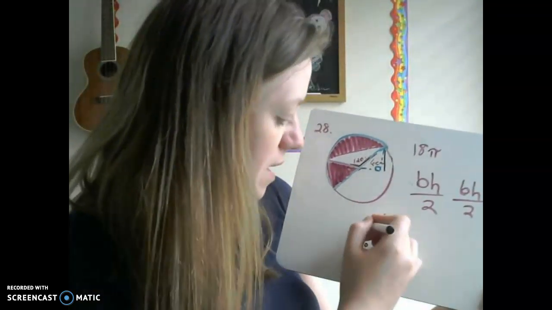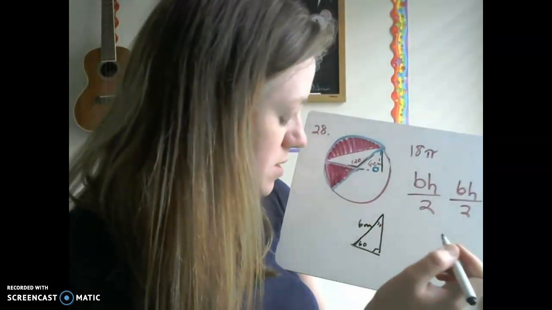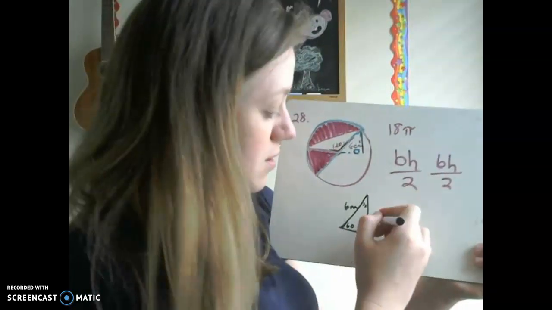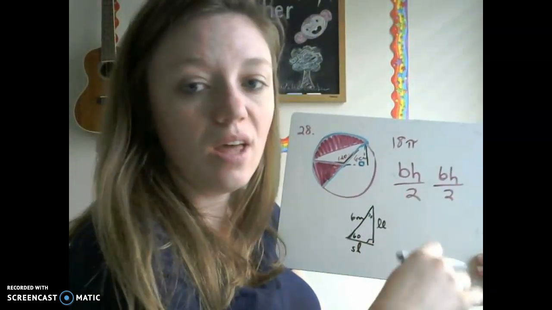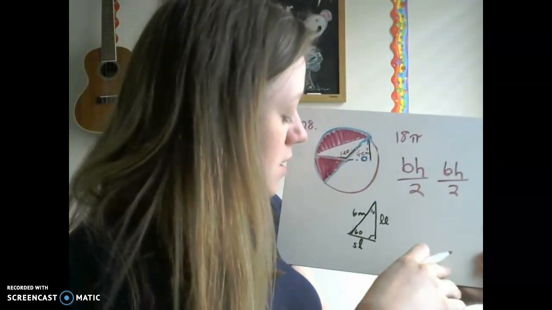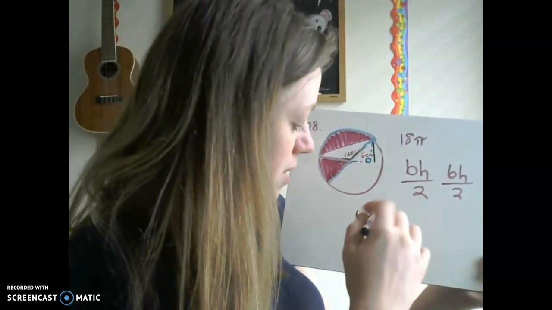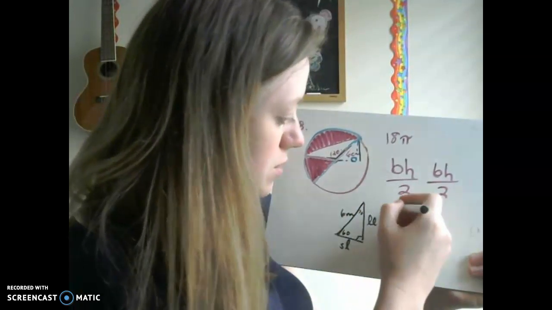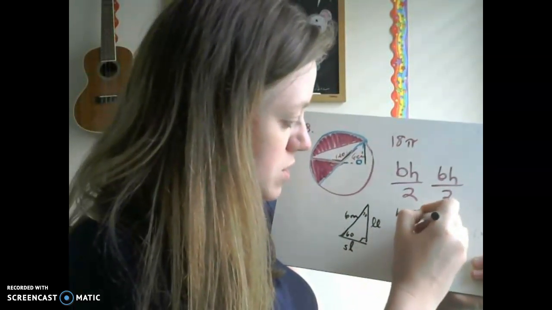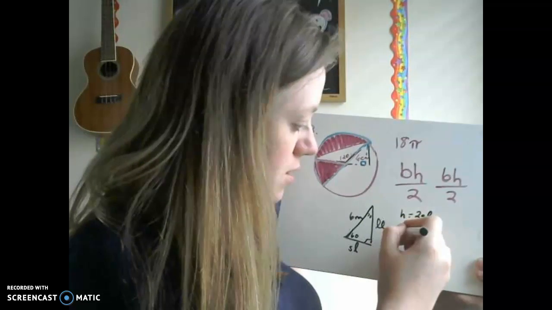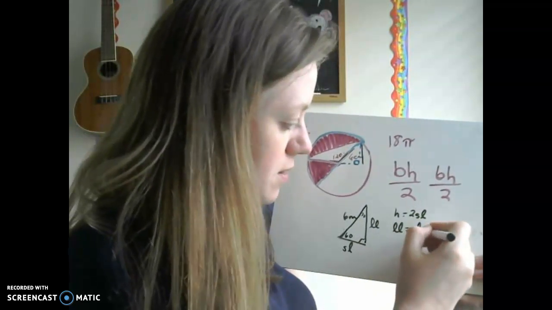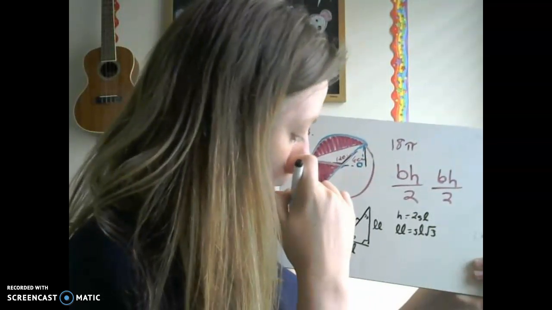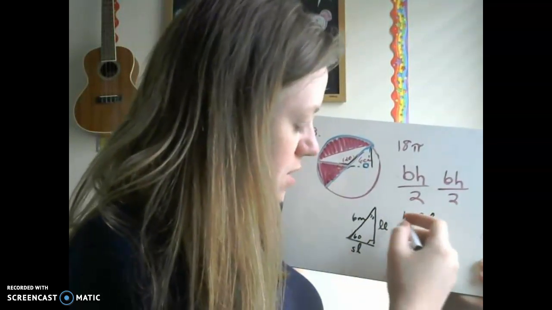Now we know that the hypotenuse is 6 centimeters, and we need to know the length of the long leg. We have short leg and long leg. Okay, if you remember the formula, we have the hypotenuse equals 2 times the short leg, and the long leg equals the short leg times the square root of 3. So let's solve for this top one first.